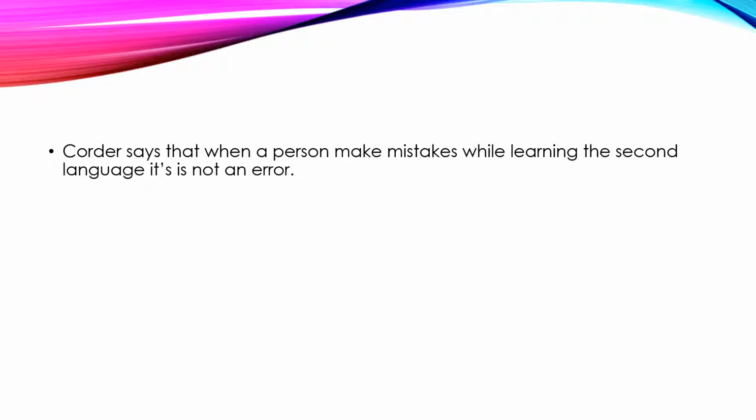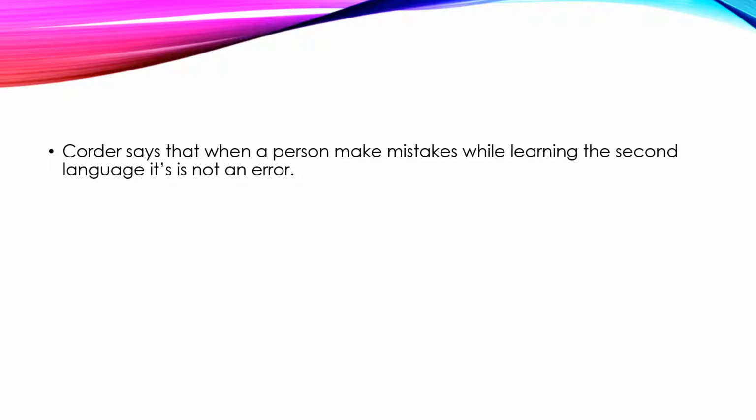Corder maintained that at this point in the learning of a target language, learners use a system that can be described in linguistic terms and from which the researcher can discover the learner's transitional competence. This system can be illustrated by the systematic errors of the learner as opposed to random mistakes.